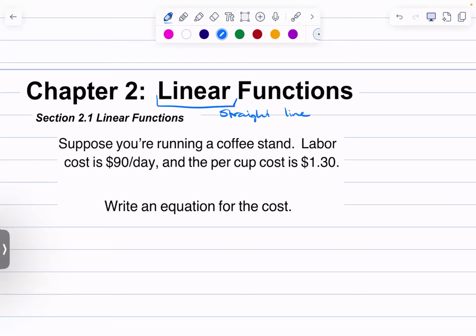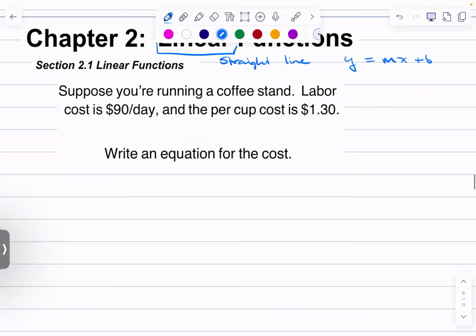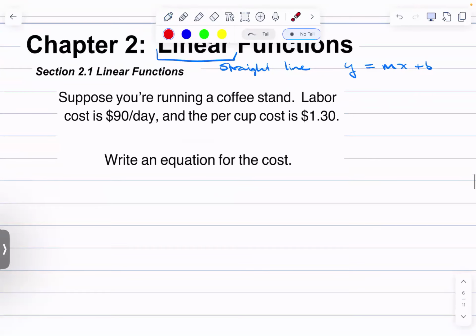And you might remember something like y equals mx plus b. The slope of the line is m and the y-intercept of the line is b. But before we do that, we've got this example.